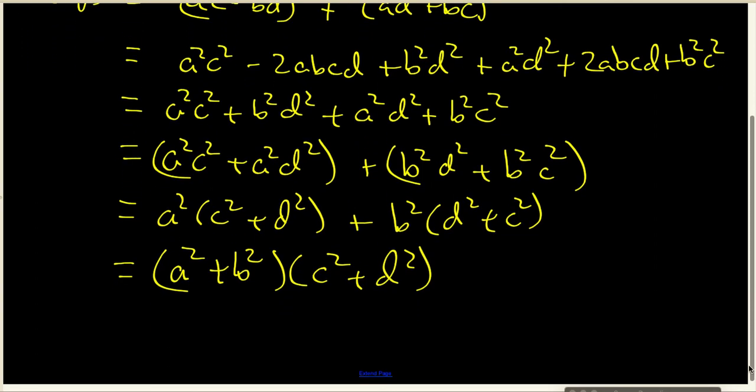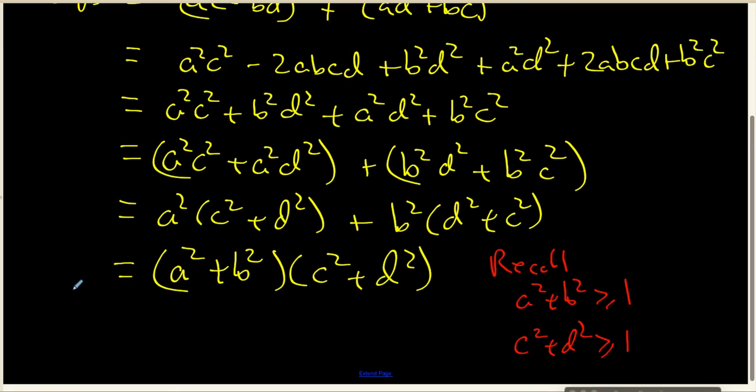But as we just saw a few minutes ago, and I want to recall this, we know that a squared plus b squared has to be at least as big as 1 because one of a and b is not equal to 0. And c squared plus d squared is also at least as big as 1 because at least one of c and d is not 0, and a, b, c, and d are all integers.